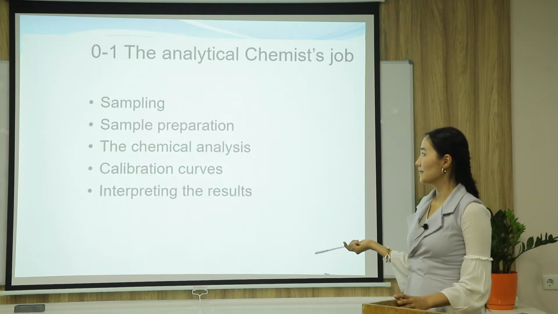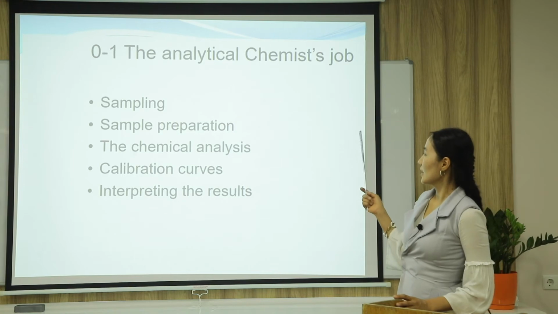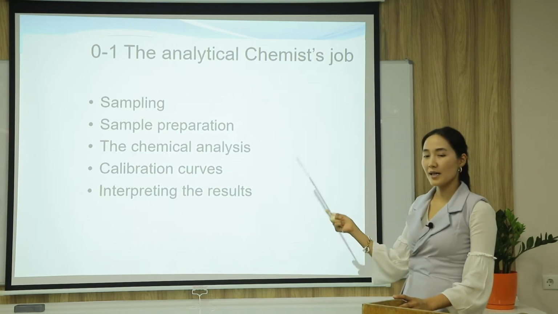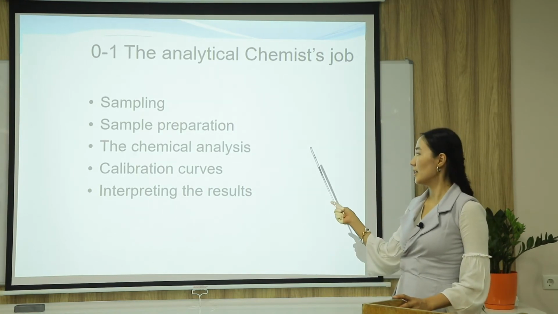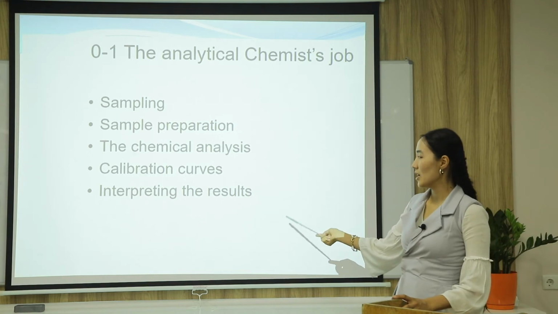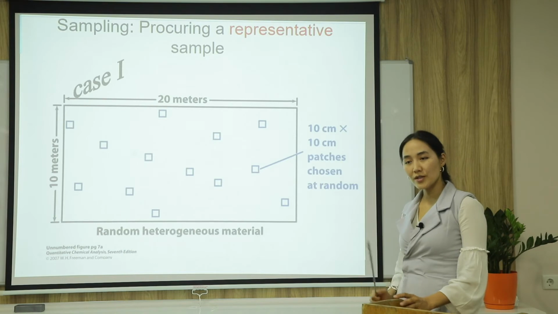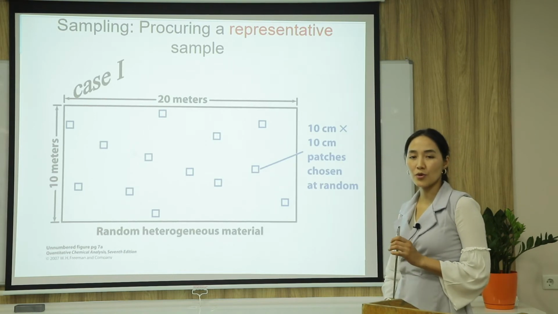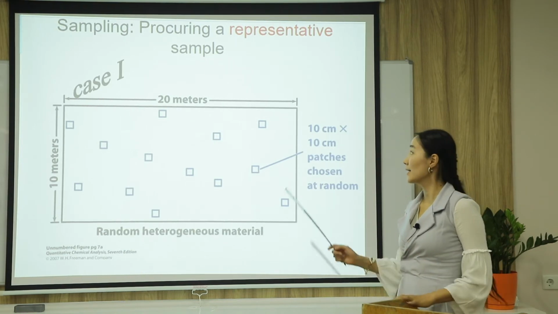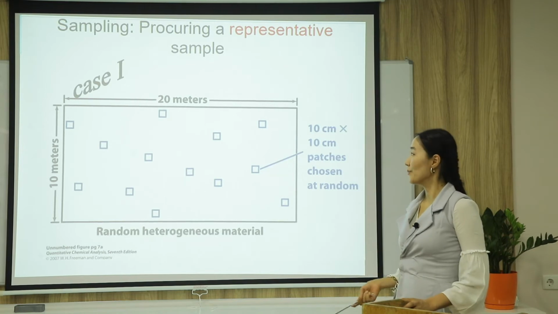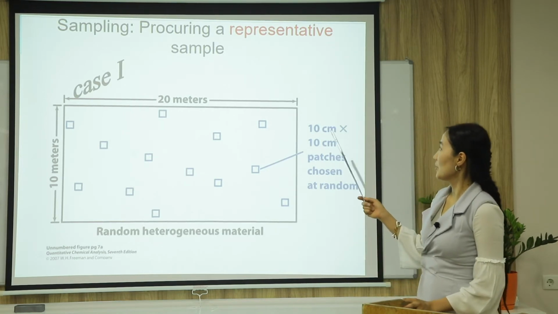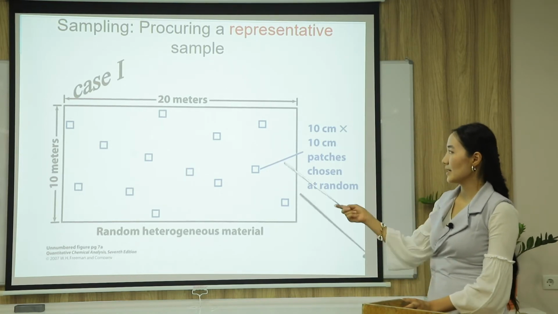Okay, next please. The analytical chemist's job is sampling, sample preparation, chemical analysis, calibration curves, and interpreting the results. Students, in your laboratory works you are also going to work like a chemical analyst. Sampling means procuring a representative sample. This is case 1.